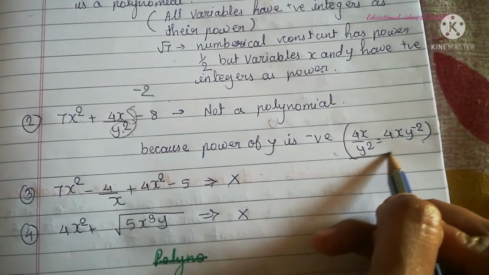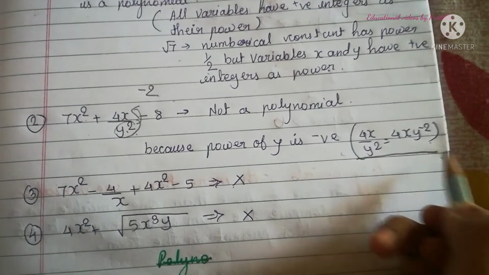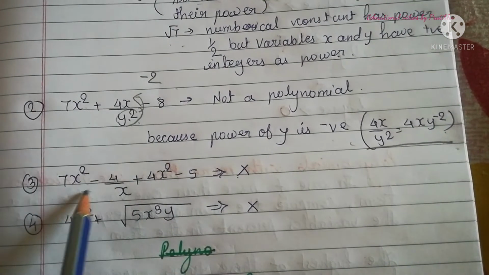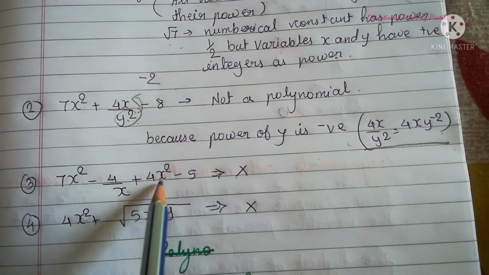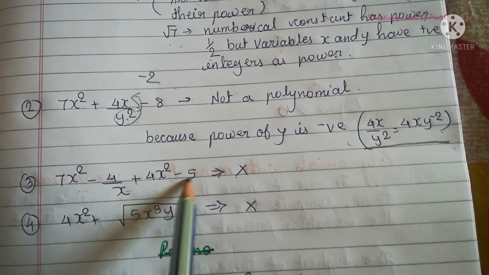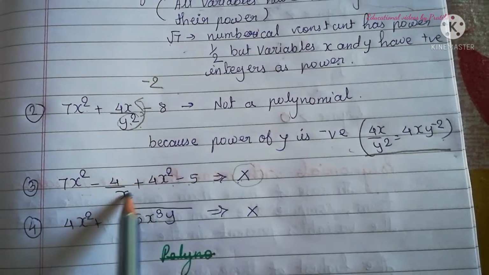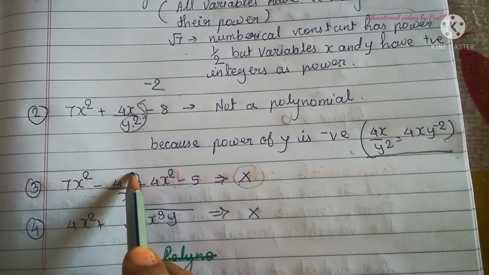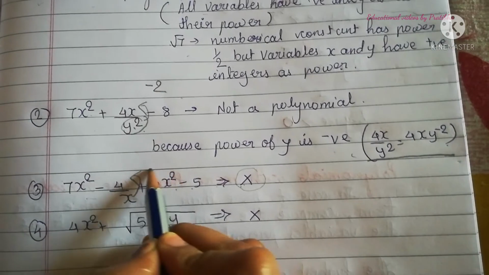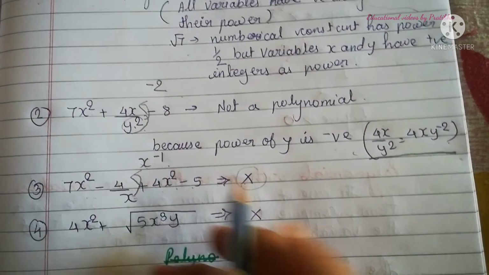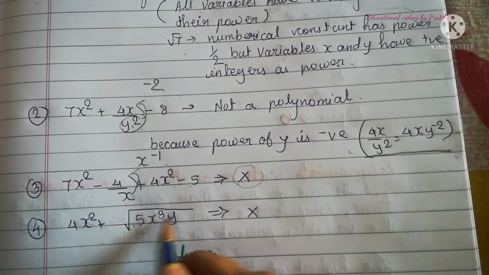So the power of the variable is going negative, that's why it's not a polynomial. Now in the next example again, 7x square minus 4 upon x plus 4x square minus 5. This is not a polynomial because x is coming in the denominator. When it goes up, the power of x will be minus 1. So it is becoming negative, so this is not a polynomial.